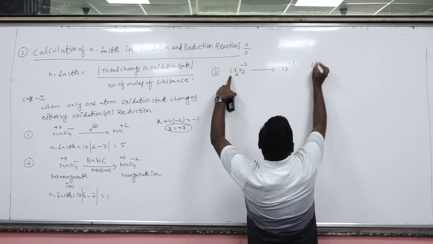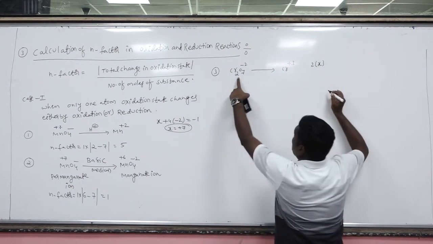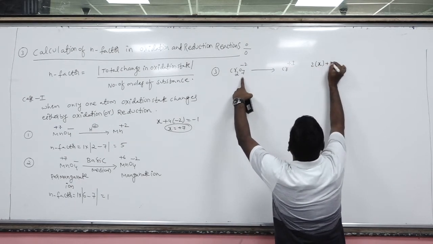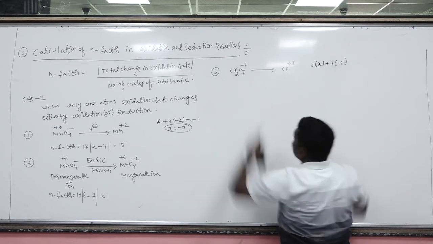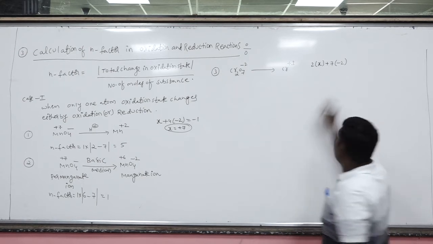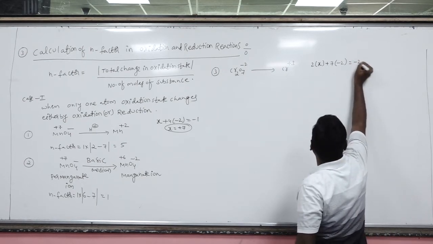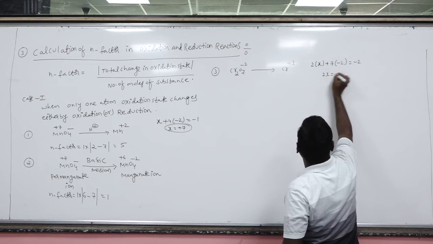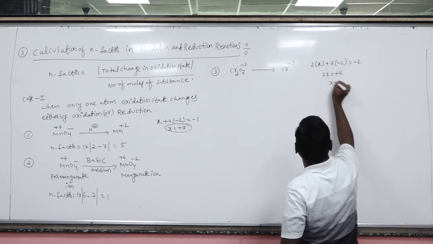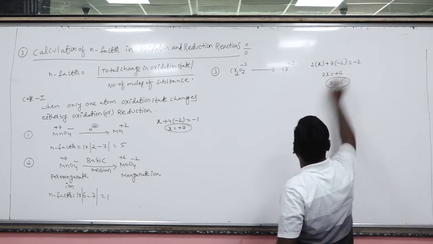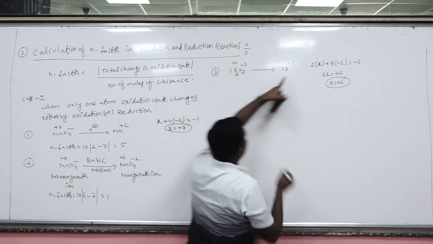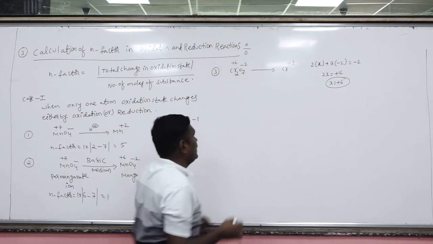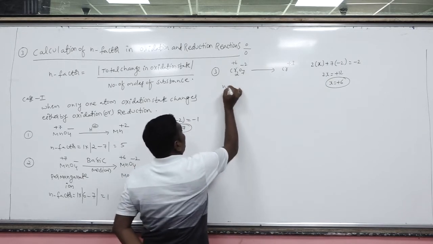Let's suppose X; 2 into X, because 2 chromium atoms are there. Now, how many oxygens are there? 7, and each oxygen is -2. So 7 into -2, and this will be equal to the net charge, -2. So 2x is equal to 12, X is equal to 6. So this is the oxidation state of the chromium on the LHS. On the RHS it is already given as +3. Now, what is the N factor?